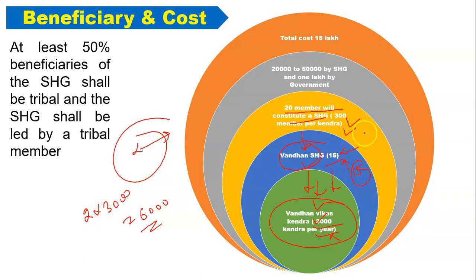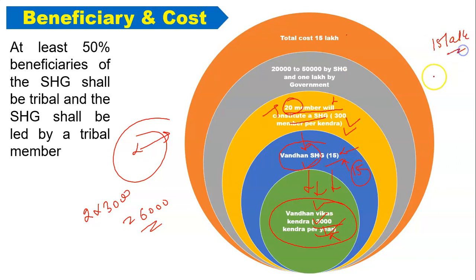But in a single Dhan self-help group, 20 members can stay at maximum.